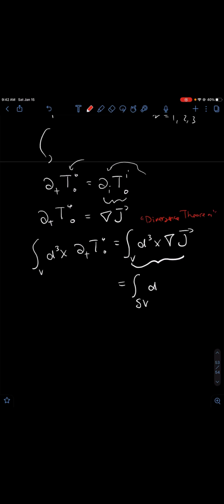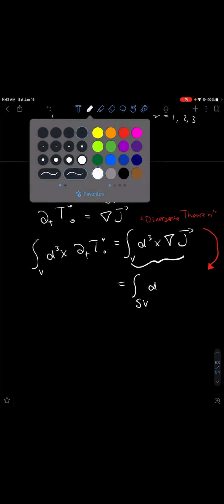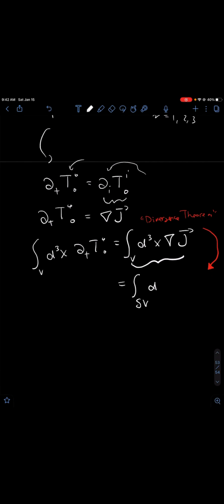It's a very nice theorem in vector calc, used to make a lot of proofs. So this is just going to be integral d to the 3x of, what is this symbol called again? Nabla? I forgot. But the divergence of J. All right? And that's equal to this over here.